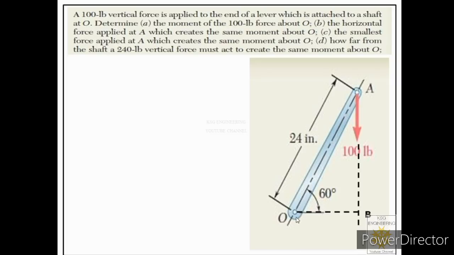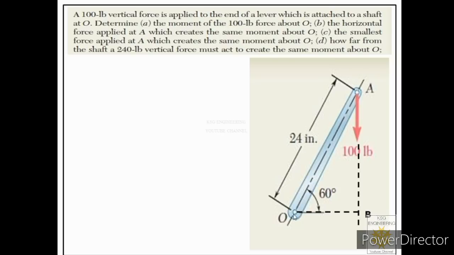Now, first of all, we have to find the value of OB. So how to find? Now we have to apply mathematics over here, or we can say trigonometry over here. We have a triangle now, OAB, and it is a right angle triangle. So if we want to find OB, then we can make use of cos theta. We can say cos 60 degrees is equal to base upon hypotenuse.